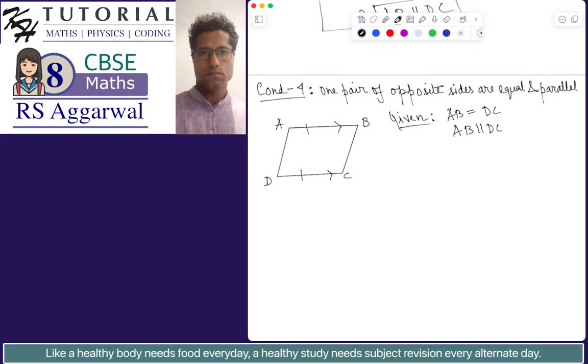Okay, so I think this will be easy. We make the diagonal BD, and since AB is parallel to DC, it is given, and BD is a transversal.